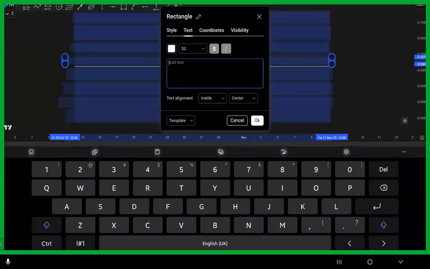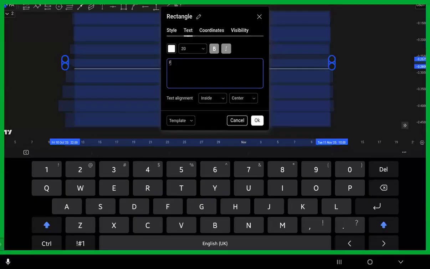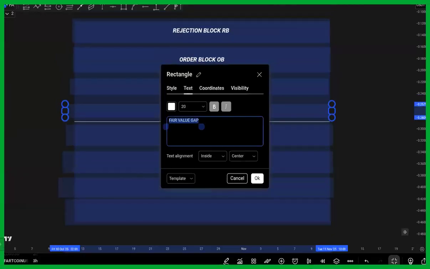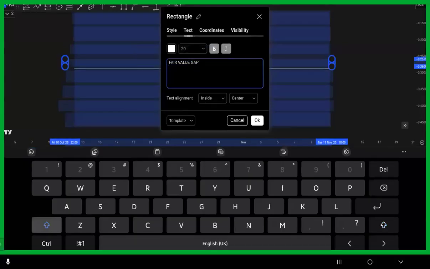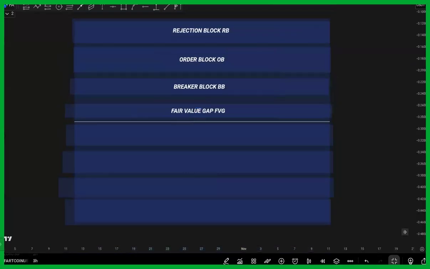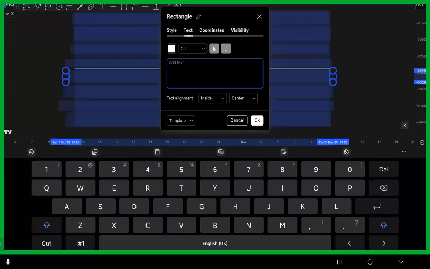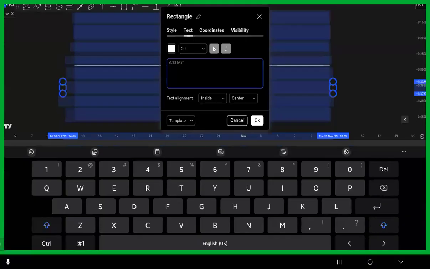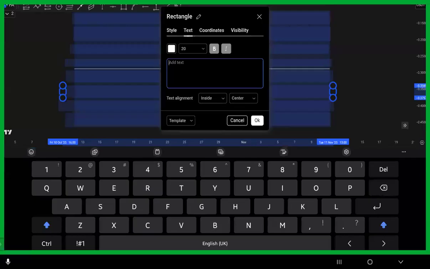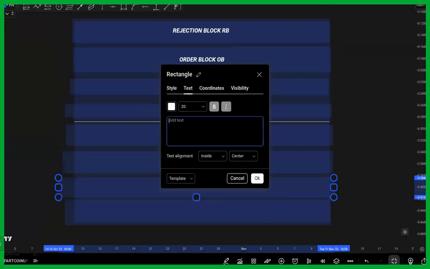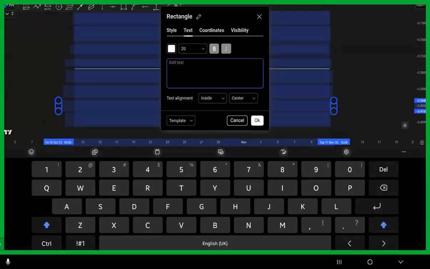And the last, but not the least, is the fair value gap, which is denoted by FVG. All right, now the same thing goes for these other ones again. Over here we have the FVG, we have the breaker block, we have the order block.